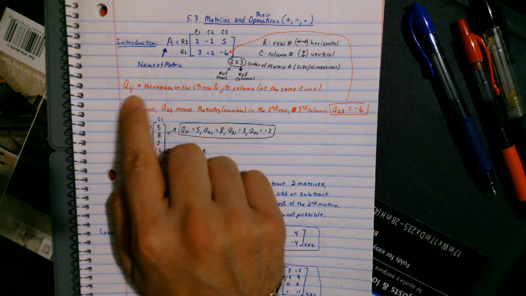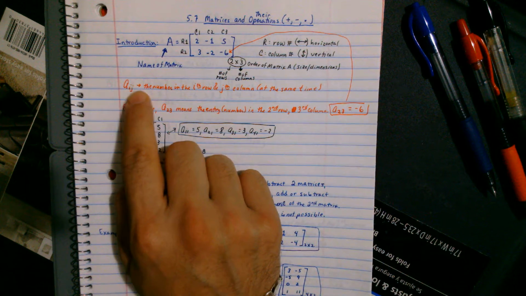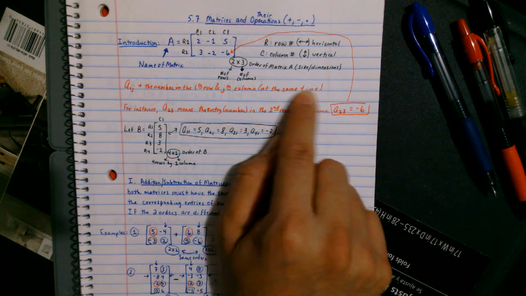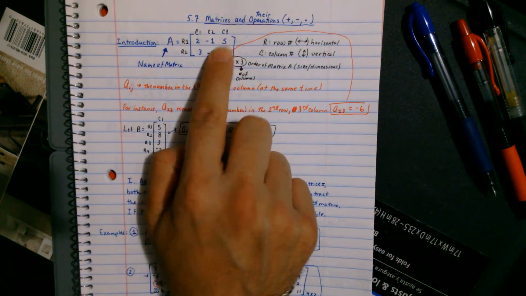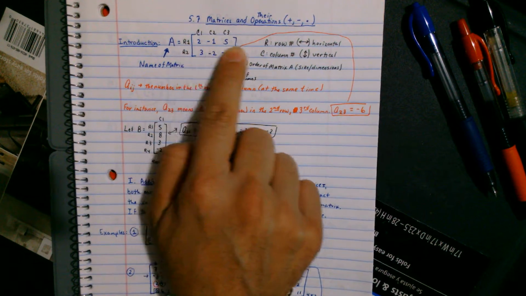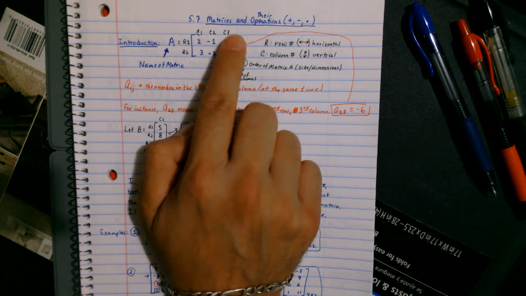A_ij, theoretically, the little i represents what row the number is in. j represents what column the number is in. So A_ij means a number in the ith row and the jth column at the same time. So, for instance, in this matrix, A_23 means what number lives in the second row and the third column.